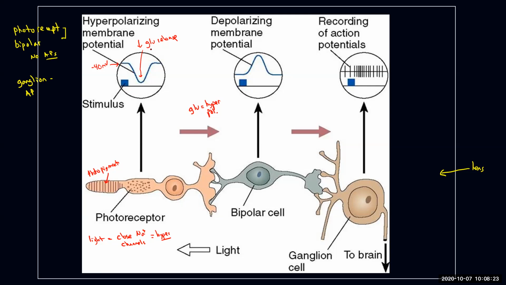And presumably at the same time, glutamate release is decreased. Now, if light is going to result in decreased release of glutamate from the photoreceptor, that means I have less inhibition.